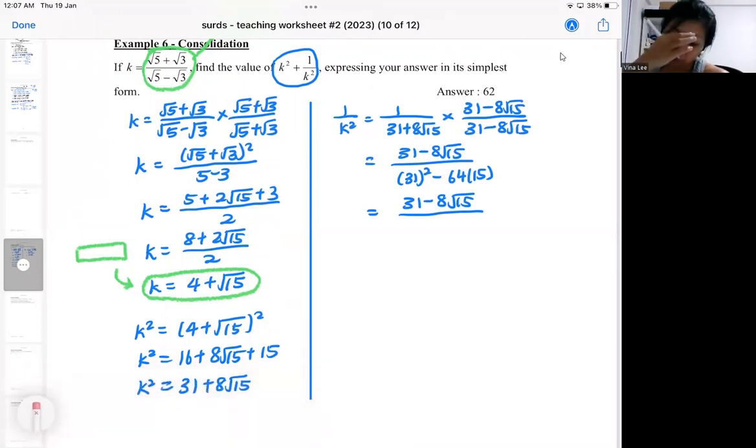So 31 minus 8. So 31 squared minus 64 times 15. So the denominator is actually a 1.